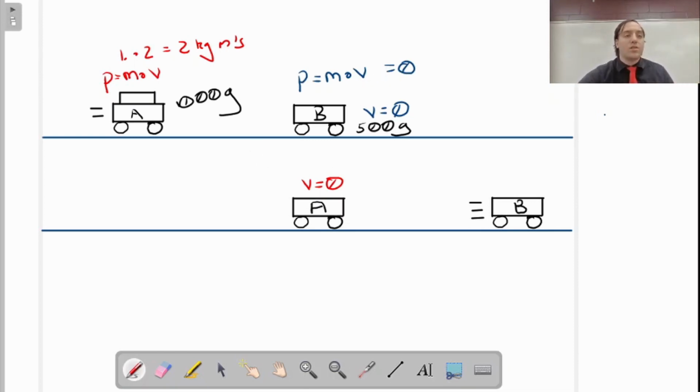If the A cart stops, the momentum of the B car would have to be that 2 kilogram meters per second, which would equal its mass times its velocity, or more accurately, 0.5 times its velocity, which gives me a velocity of 4 meters per second. And again, this is what you should have seen in the lab. The collision here results in the second car moving faster. The energy isn't conserved in this particular case, but the momentum is.